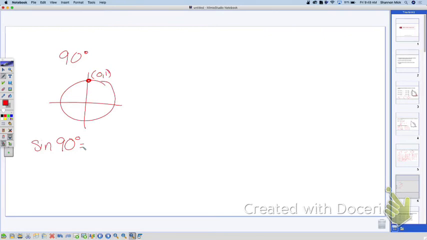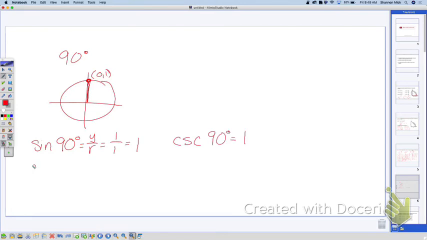Y is 1 and r is 1, so it is 1. R is the radius, and if this point is 0, 1, the radius has to be 1 for that circle. So cosecant is 1 over 1, so it's 1.